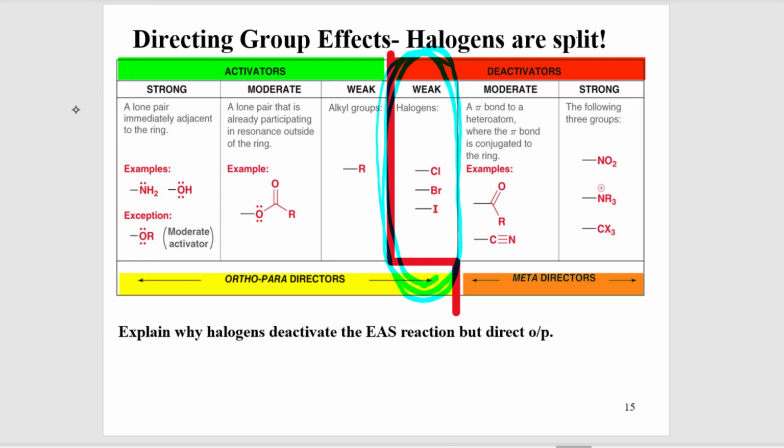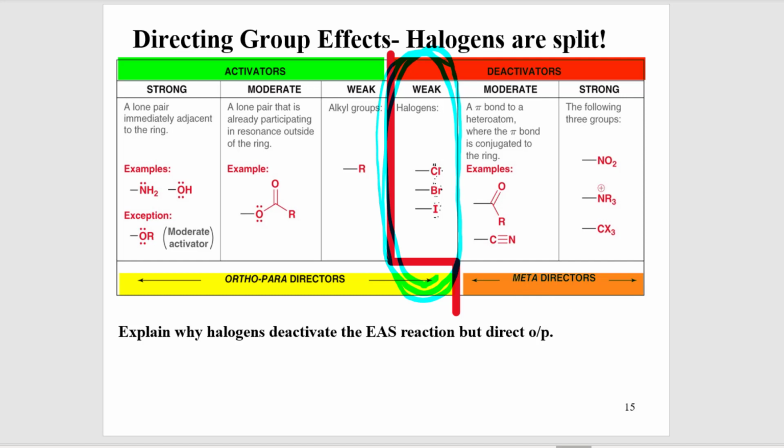On the one hand, halogens deactivate the ring. They're not really good at making the benzene ring a better nucleophile because they're so greedy and electron withdrawing. However, I told you they are the reluctant donors; they do have lone pairs.